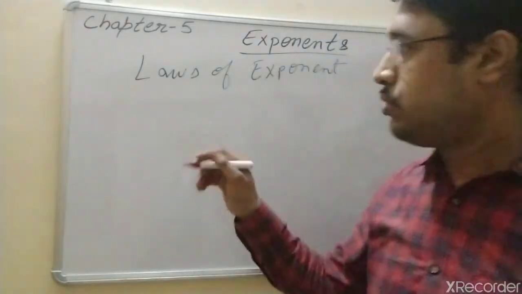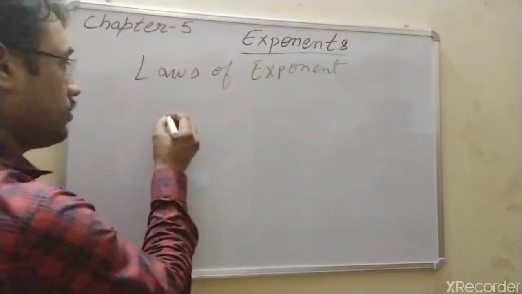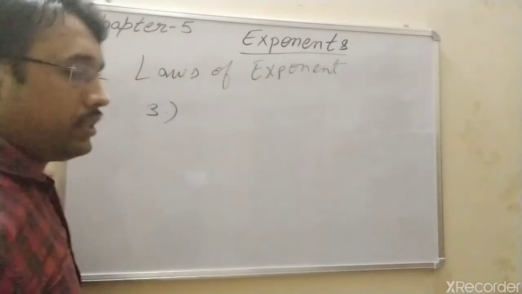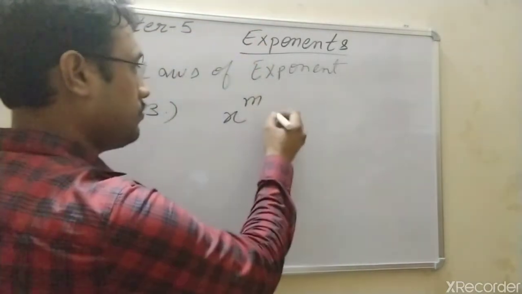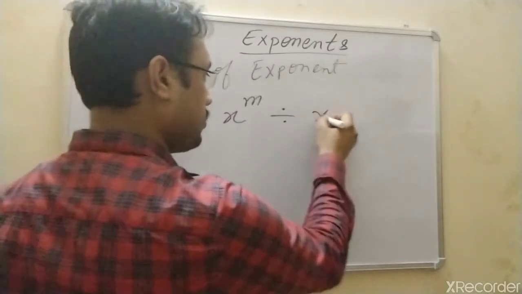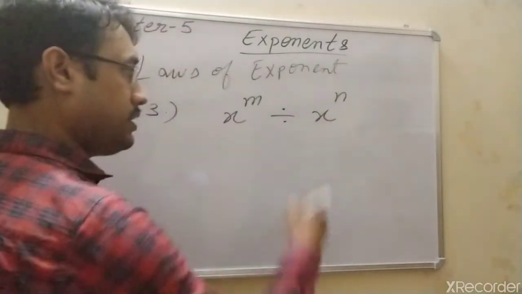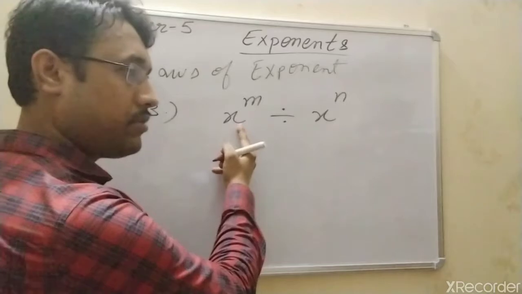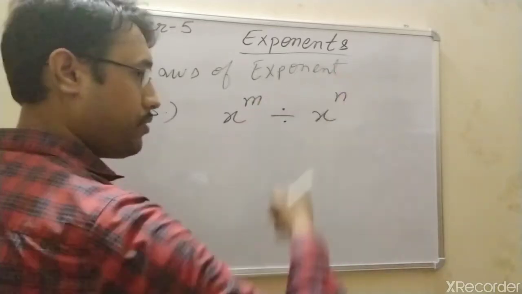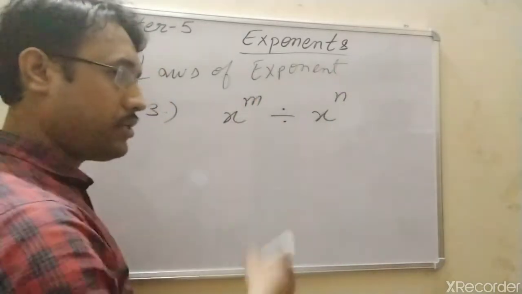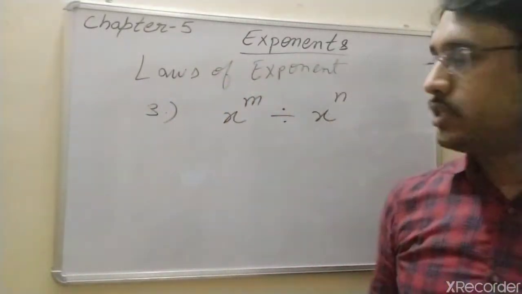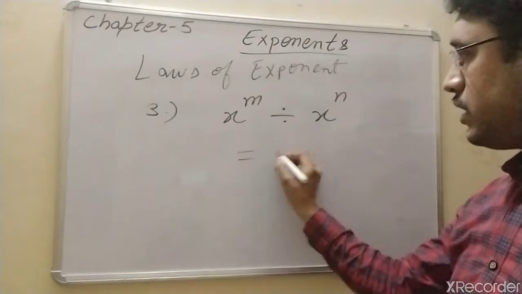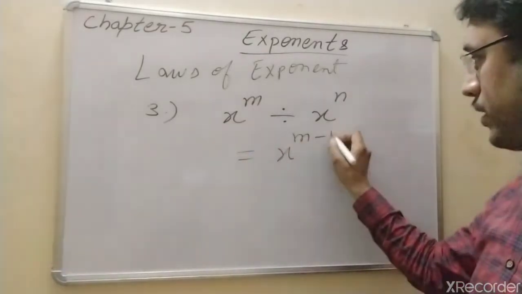Now the third law: x to the power m divided by x to the power n, that means the base is the same. Here x is a rational number and m and n are powers, any negative or positive integers. So you can write that it is x to the power m minus n.